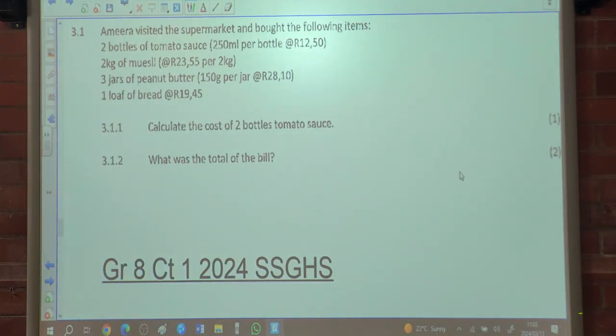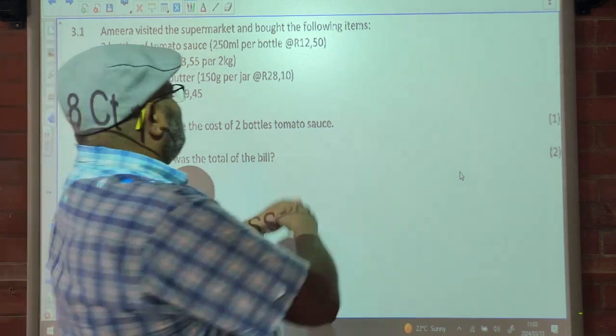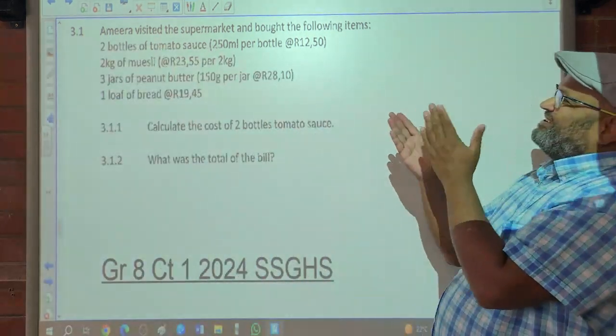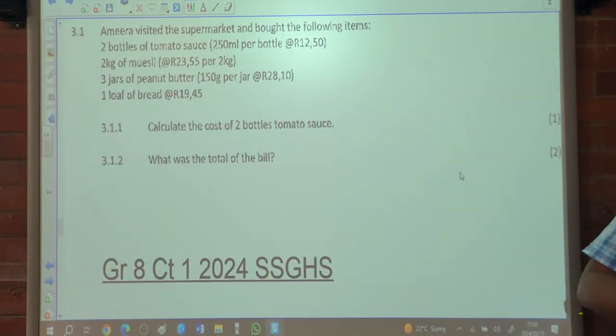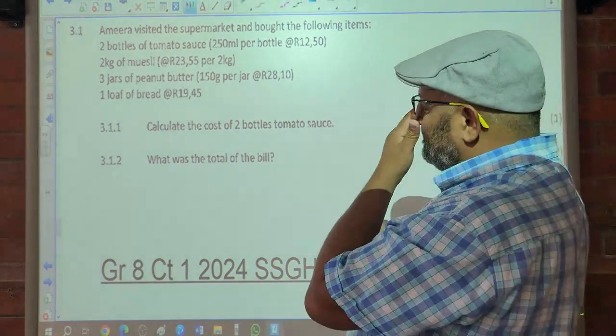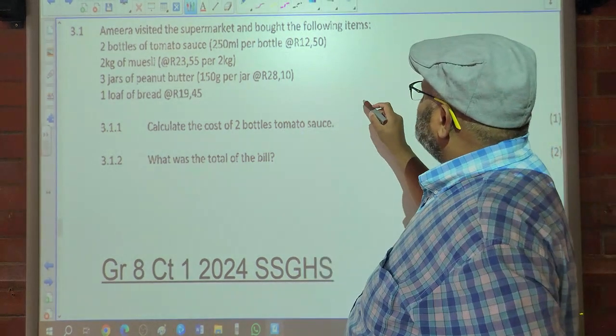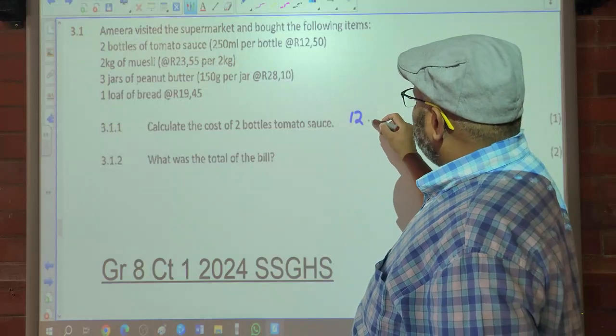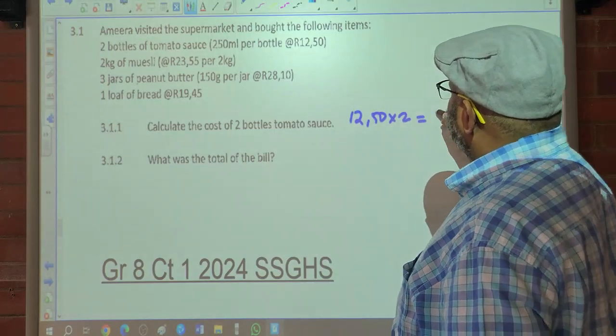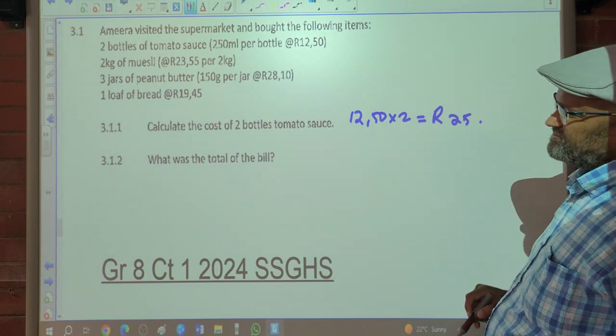The question says calculate the cost of 2 bottles of tomato sauce. People, if 1 bottle costs 12 rand 50, how can 2 bottles cost 6 rand 25 cents? That's the stuff you people write. Okay. So 2 bottles is going to give you 12 rand 50 multiplied by 2, which is 25 rand.